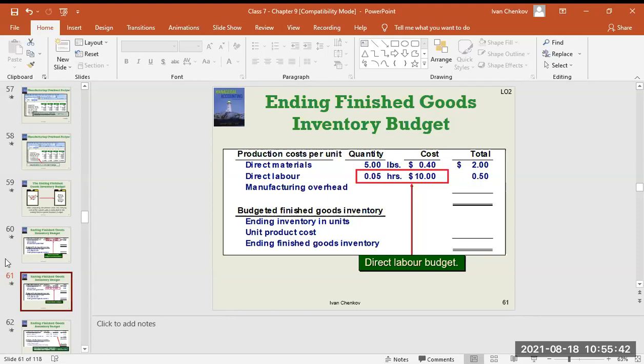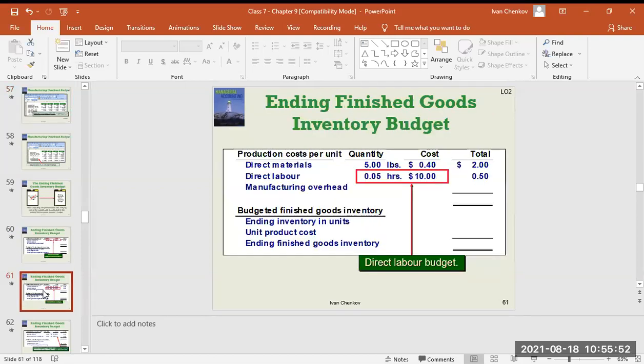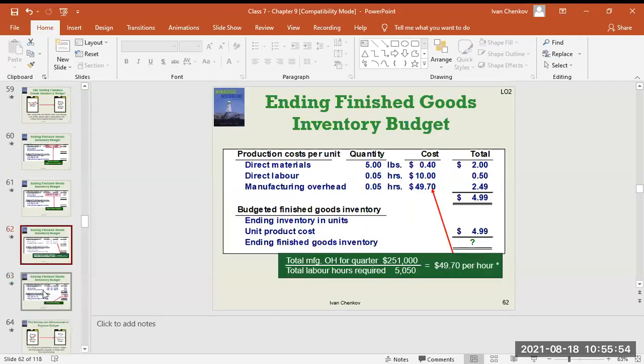For the manufacturing overhead, we already calculated that every single direct labor hour costs us $49.70. Since we're using only 0.05 times $49.70, that's $2.49. So our cost per product is $4.99.